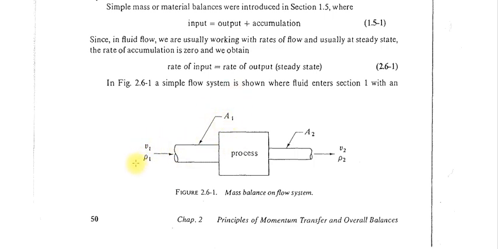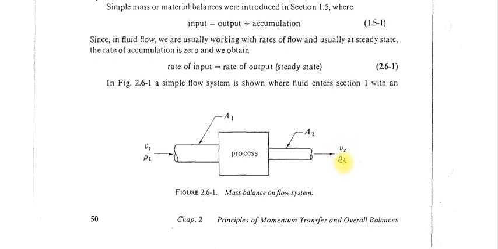Here you have the velocity v1, and the density of the fluid is rho1. This is a process. After the process, this is the entering point, and this is the exit point. You have a circular pipe of cross-sectional area a2. The velocity of the fluid is v2 and the density is rho2.